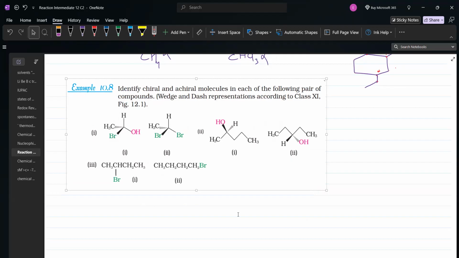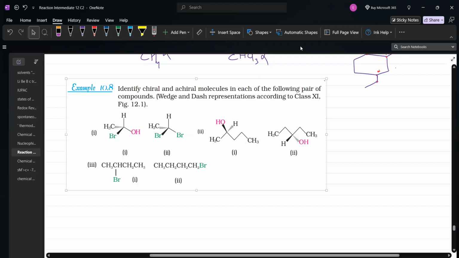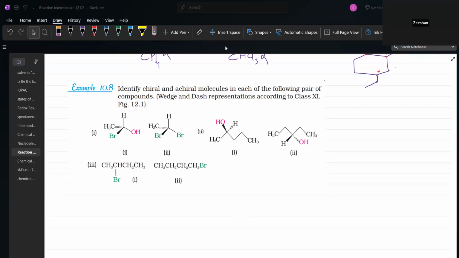The darker lines represent in front of the plane. Can you see me? Yes, sir. So, for example, this is a plane, and we have a structure here.